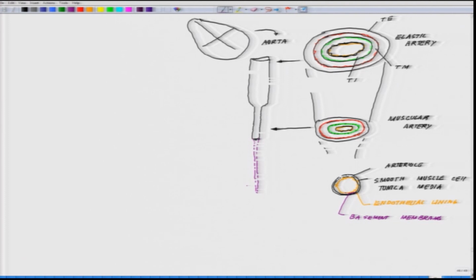Okay. Now, arterioles become even further narrowing down to something called continuous capillaries.